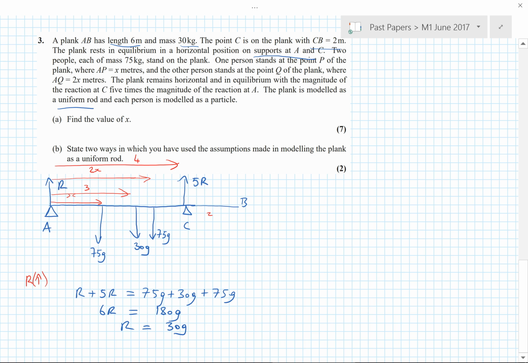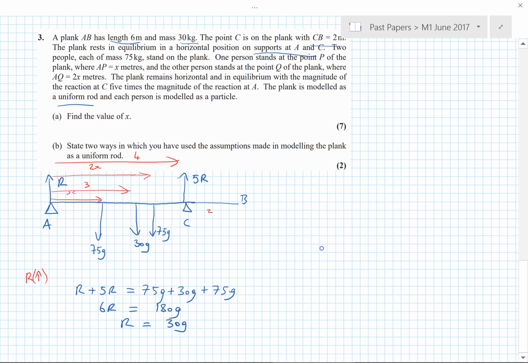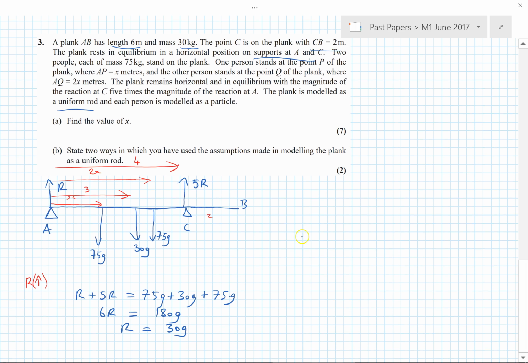Okay, so the reaction here is 150G and the reaction here is 30G. Then we can take moments about A, because we're given these distances of x here and 2x. Moments are force times distance. Let's look at the ones going clockwise, that's the weights, and we've got the reaction force going against it.